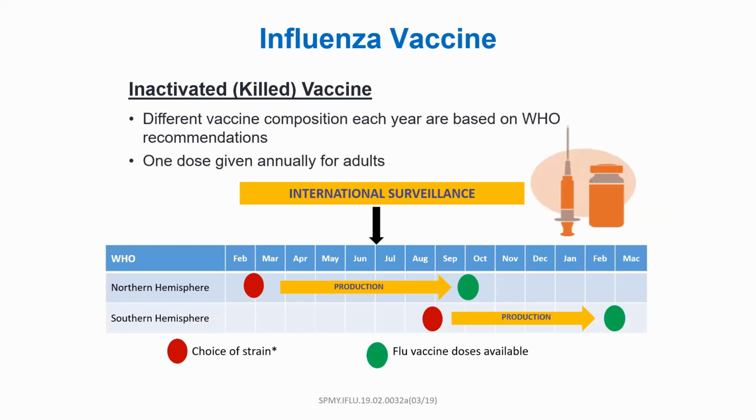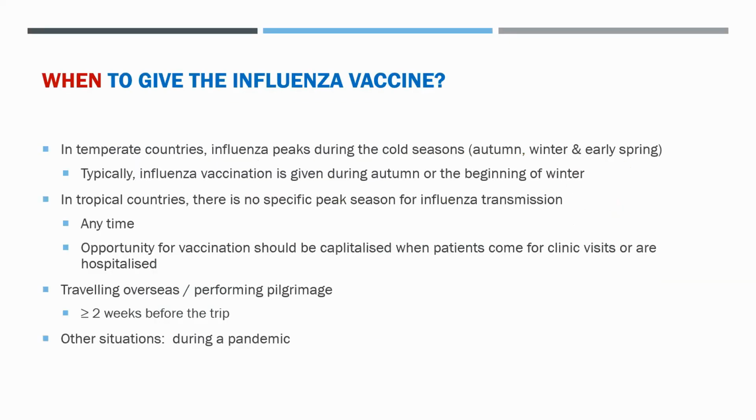For the Northern Hemisphere, it is available somewhere in September or October, and for the Southern strain, between February and March. In the temperate countries, it is typically given during autumn to prepare for the winter spike.